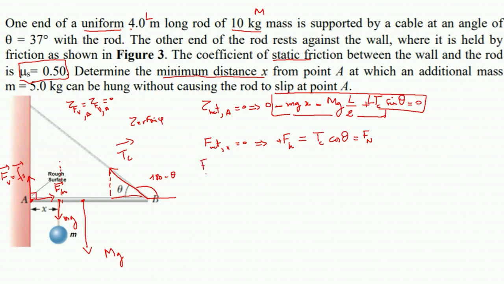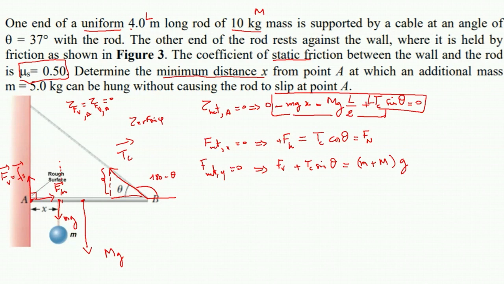Now let me apply net force along Y equal to 0. Along Y, of course, I will have the F vertical plus TC sine theta. I want this component of TC. And this should be equal to the sum of the weights. So what is the sum of the weights? Of course, I will have M plus M, times G. So these forces pointing upward are equal to the forces pointing downward.